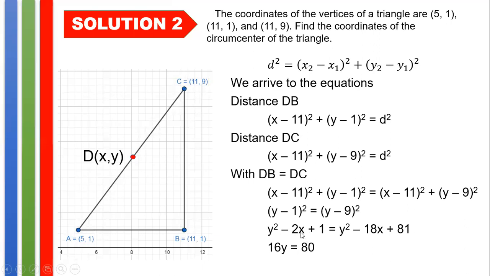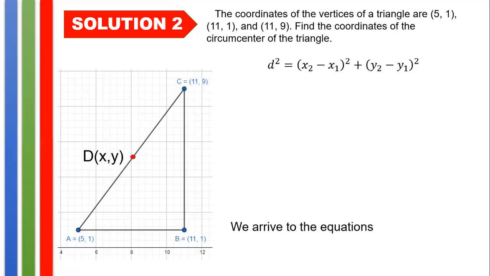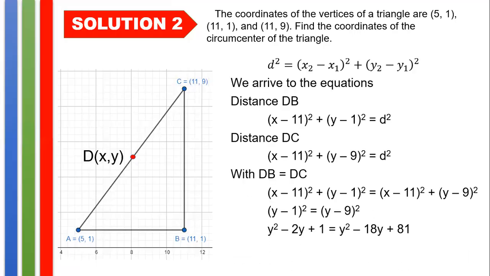Sorry, it should be y, not x. And the 1 will be subtracted on the right-hand side, so 81 minus 1 is 80. And we have 16y equals 80. Dividing both sides by 16, 80 divided by 16 is 5. So the y coordinate of our circumcenter is 5.